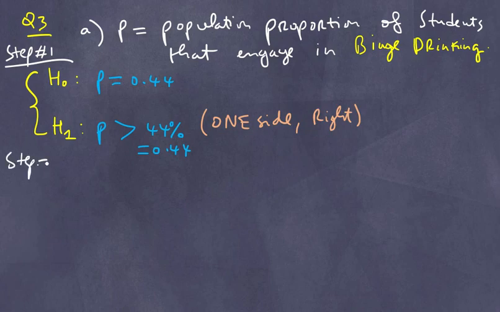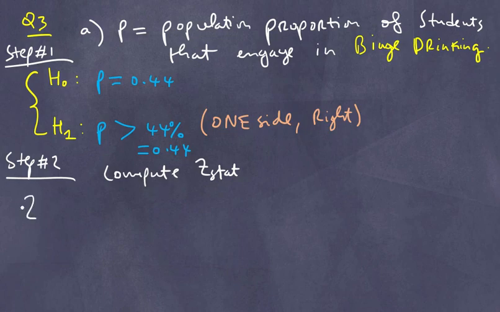And step 2, let's compute the Z-stat. The formula for the Z-stat is p hat minus p0 over the standard deviation of p hat, right? Not the standard error.